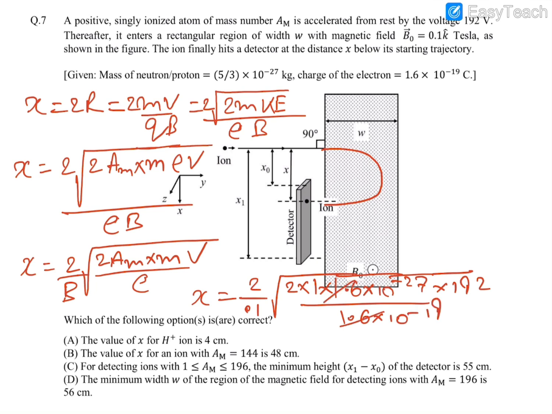So you can see that this x will be equal to 20 under root of 192 into 2, so it would be 384, and multiply by 10 to the power minus 27 plus 10 to the power 19, so it is 10 to the power 8 with a negative sign, and after coming out of the root it would be 10 to the power minus 4.